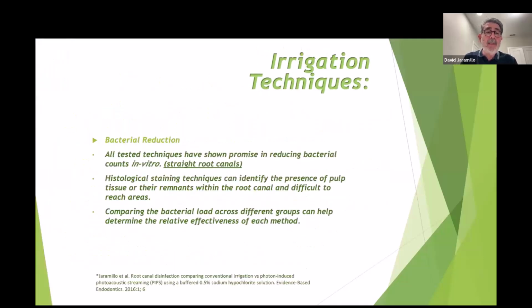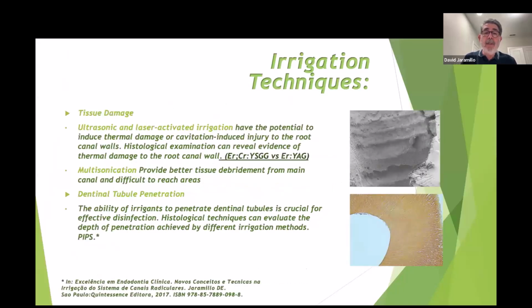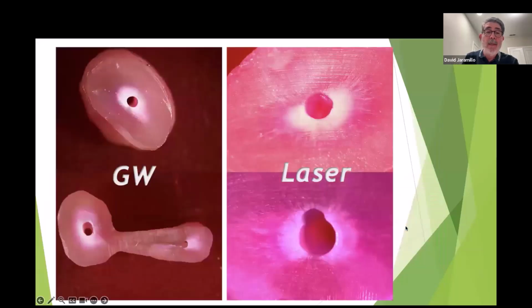I'm not going to repeat this; we have gone through all this. So the bacterial reduction is very important. Here is a picture from one of the textbooks, written in Portuguese, Dr. Carlos Bueno's Excellence in Clinical Endodontics, and we can see a very small amount of bacteria left behind in one of these teeth contaminated with E. faecalis.